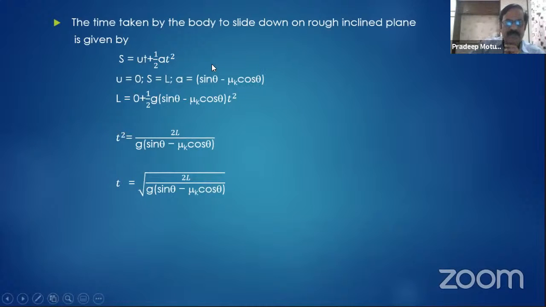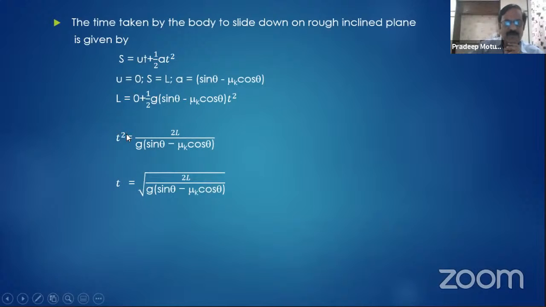So you know the value of u, you know S and also a. Substitute the values in the above equation, S is equal to ut plus half at square. S as L is equal to u as 0 into t, that is 0, plus half, a means g into sin theta minus mu k cos theta, then t square.